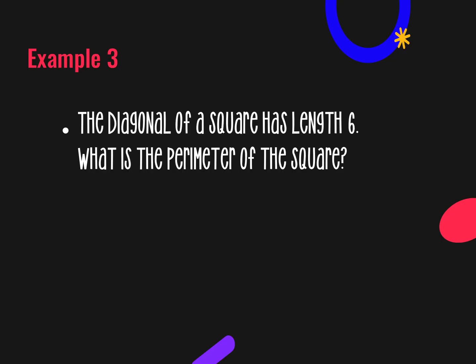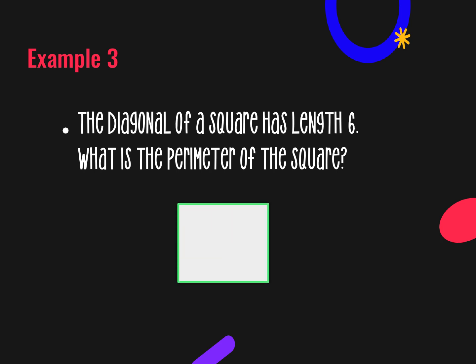Here it says the diagonal of a square has a length of 6. What is the perimeter of the square? So let me go ahead and draw a picture of a square. I'm going to label my diagonal. Now, for the diagonal, it doesn't matter if I draw it this way or this way.